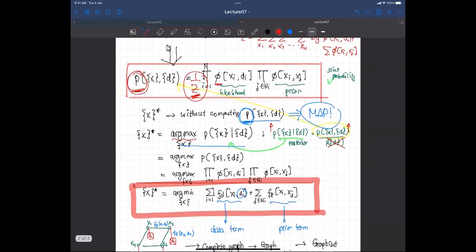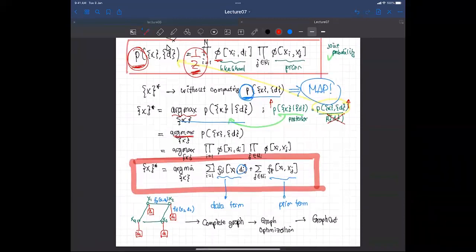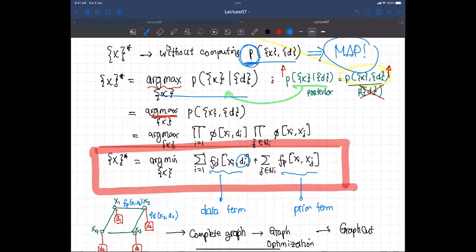So what we do here is actually using argmax. Argmax means that you just want to find the maximum value. You don't want to know the value itself, but you just want to find the highest value. So for example, if it is maximum without probability, you can have a function like this, with a maximum value like this, and this one can be 1,000.